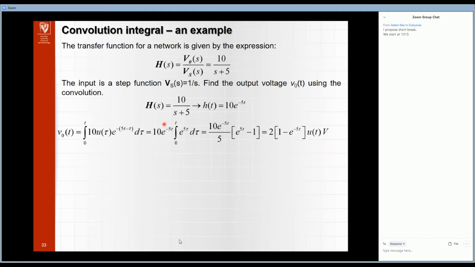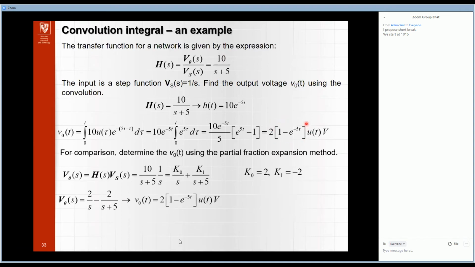This is the constant, and of course u(t) in this region is equal to 1 in the whole region, and as a result we obtain such a value. It is the signal in the time domain.